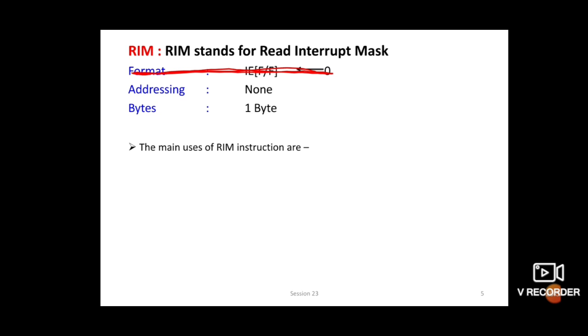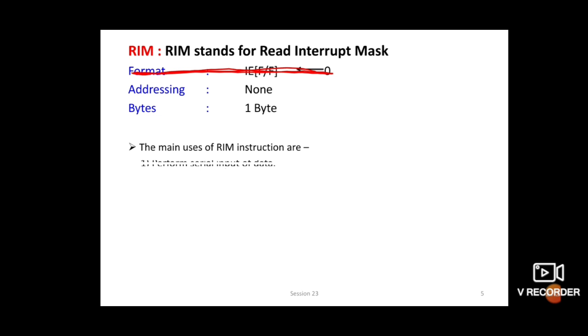This is the purpose of the RIM instruction. Understood, student? This instruction is only to check the status of interrupts, whether masked or unmasked, enabled or not, pending or not. It is only for checking the status of interrupt signals.